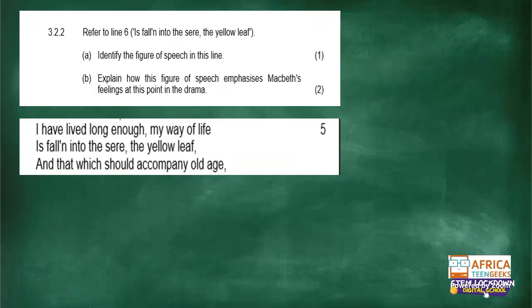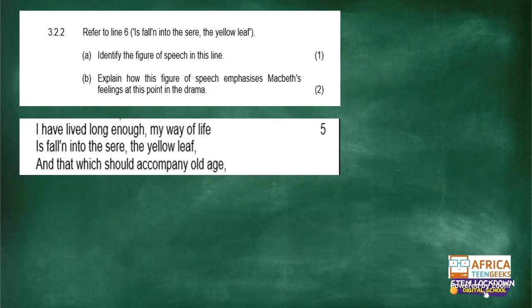This is still taken from the Macbeth play. I hope the English is not too difficult for you guys. I won't be asking you so much about the context, but I am focusing on the figures of speech. Based on what you see in front of you, what is the figure of speech from line 6?